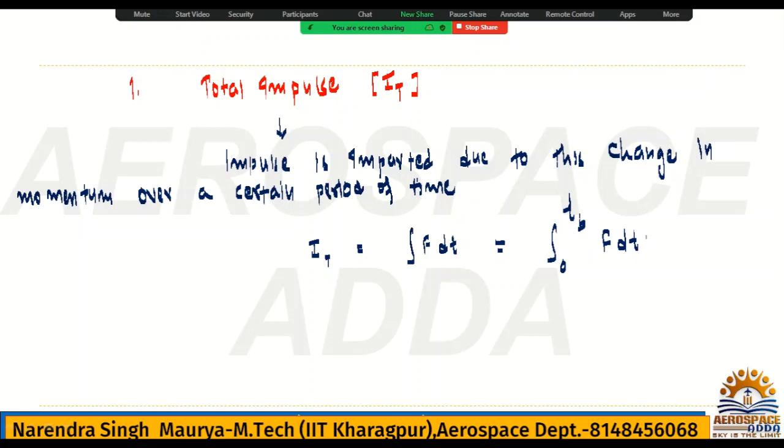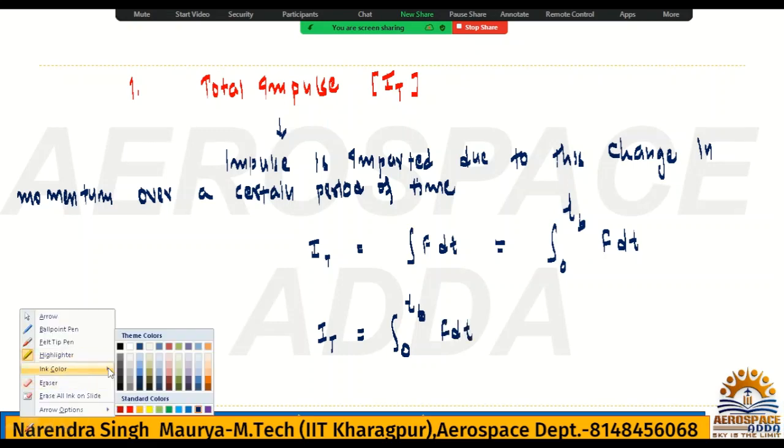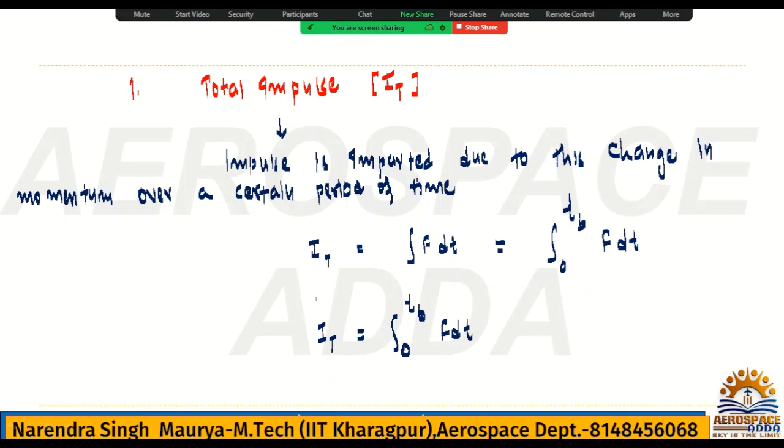Okay. So total impulse I T is the integral from 0 to TB, burning time of the propellant, of F into dt. So need to remember this formula.